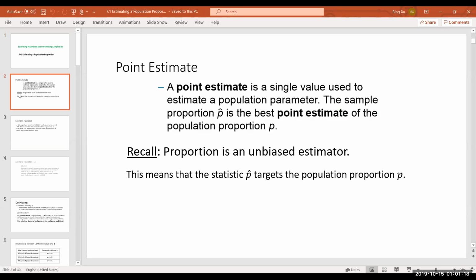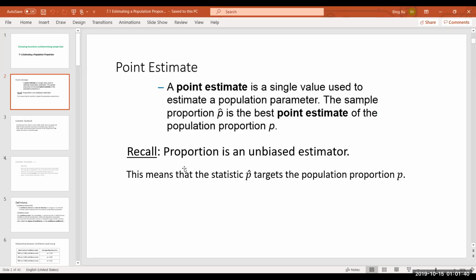So, point estimate. What is the best value to estimate the population proportion? You get a sample, and the sample proportion is the best estimator for the population proportion.